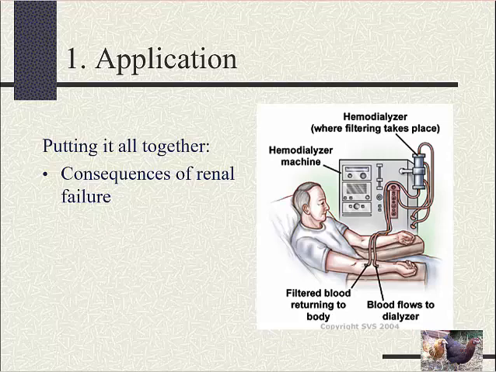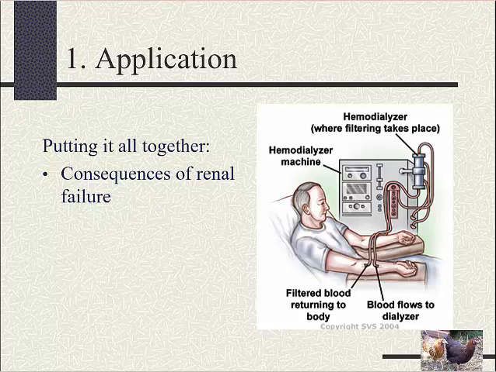So the consequences of what's called renal failure. We have briefly discussed dialysis when we were using dialysis tubing in one of our first labs. When a person has renal failure, instead of the blood passing through the kidney, it is passed through an external dialysis machine that then tries to filter the blood before it's returned to the body.